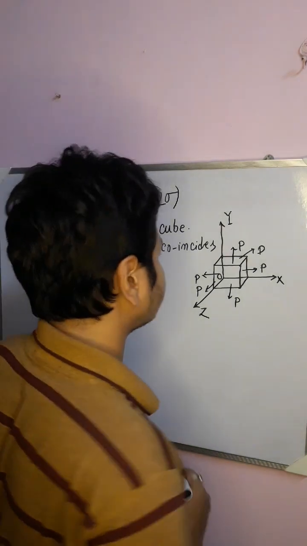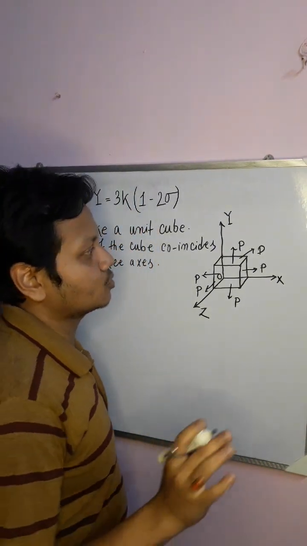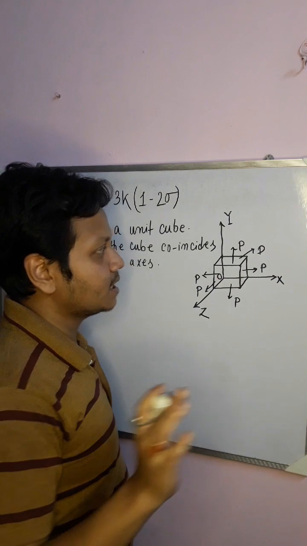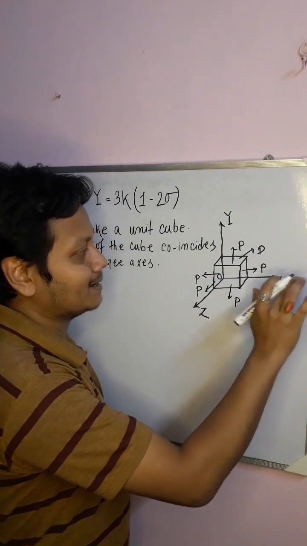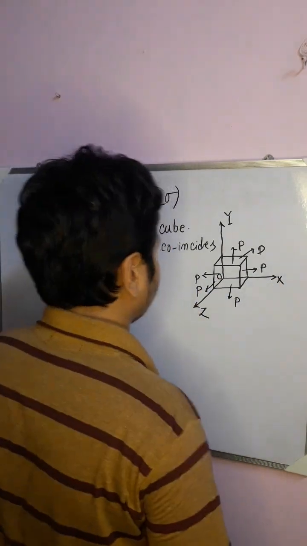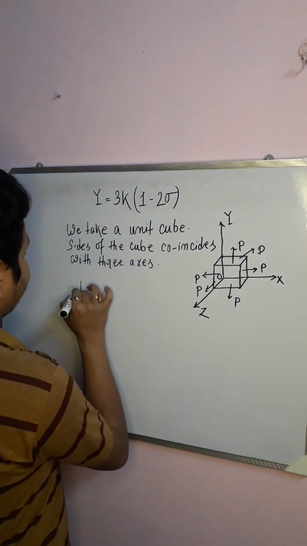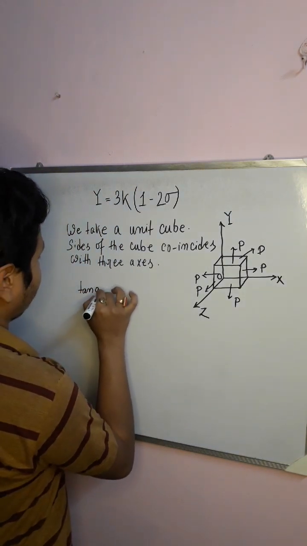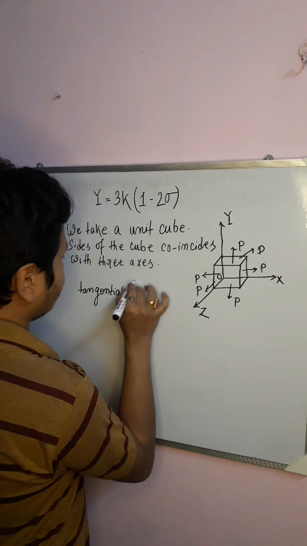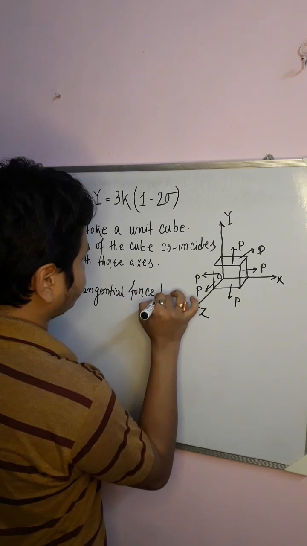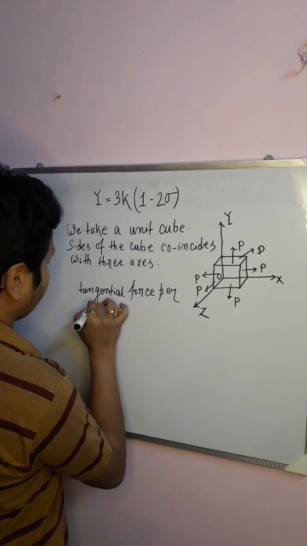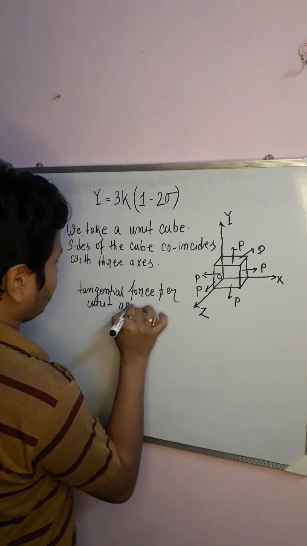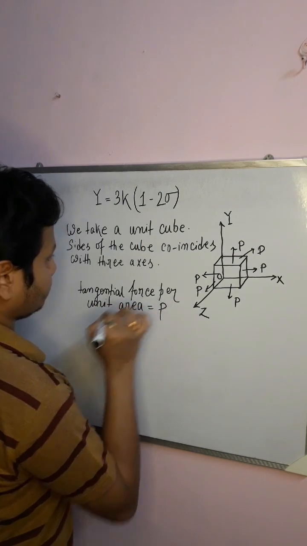That means we apply a tangential force per unit area, say P, such that this force acts outward.